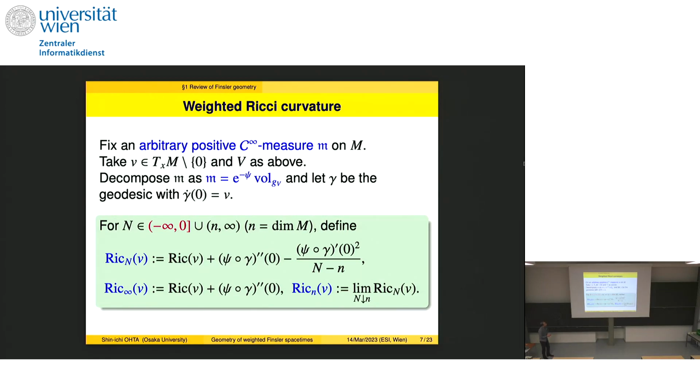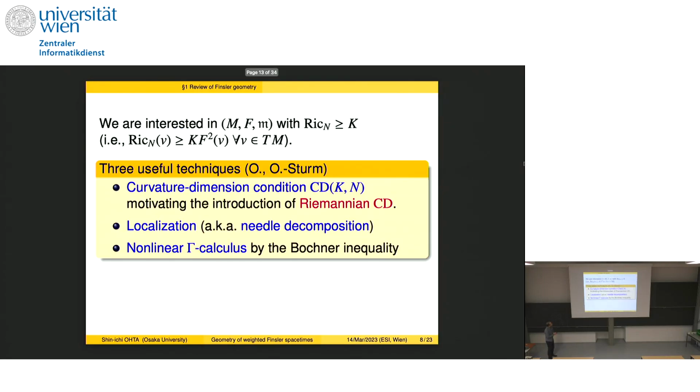And also Ric_infinity and Ric_n, I defined as limits. So on this curvature, we are always interested in the situation that the Ricci curvature is bounded from below. More precisely, Ric_N is bounded from below by K, for some real number K. And this more precisely means that Ric_N(v) is bounded from below by K times F squared of v for any tangent vector.